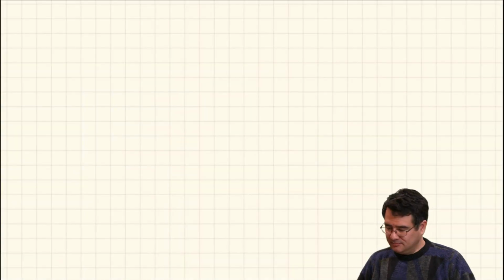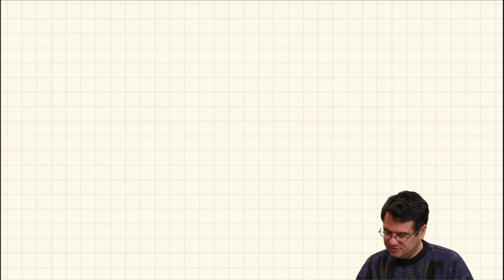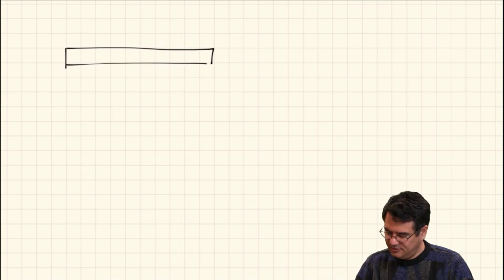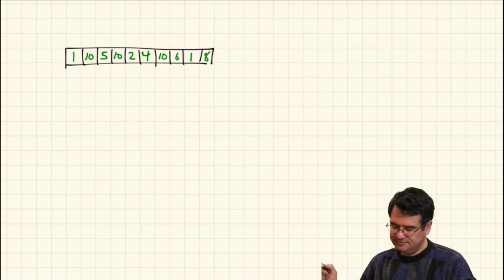And let's draw some pictures. So let's say we have this array. Let me put some boxes in there. So we got 1, 10, 5, 10, 2, 4, 10, 6, 1, 8.